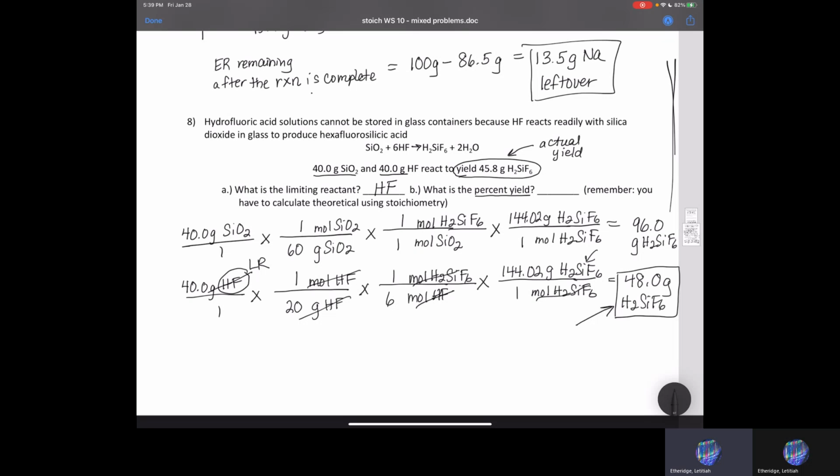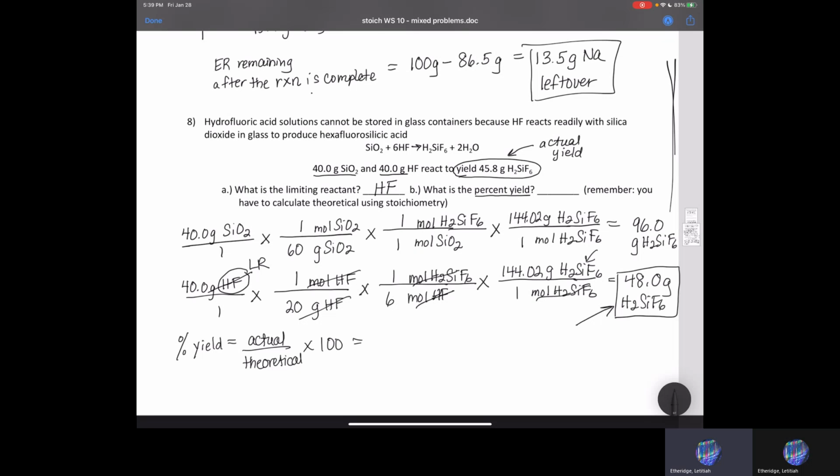Okay, so now when we take a look at the equation for percent yield, that is going to equal the actual yield over the theoretical yield times 100.